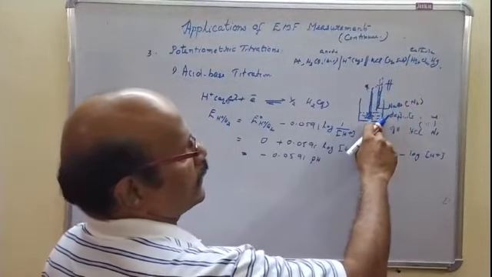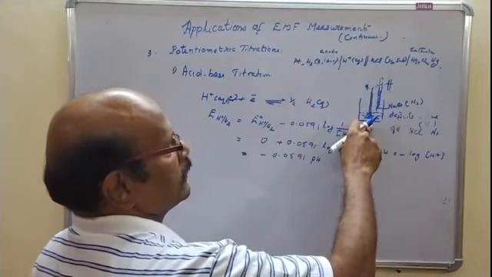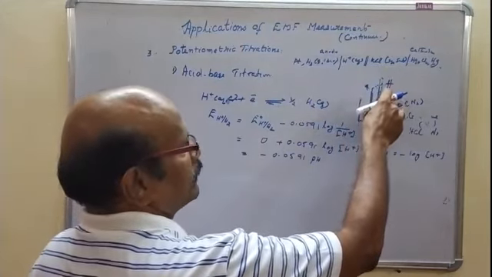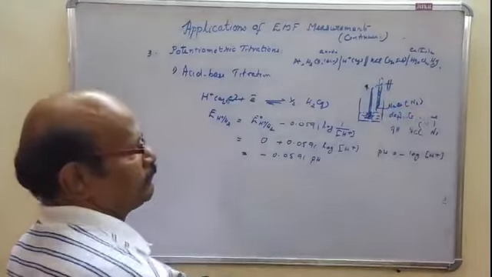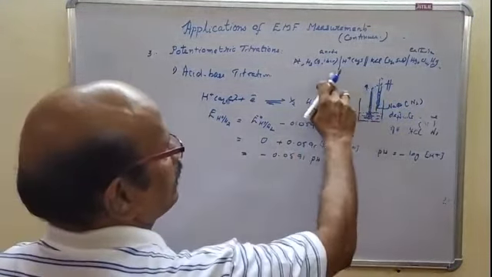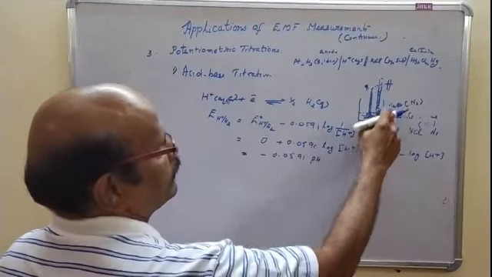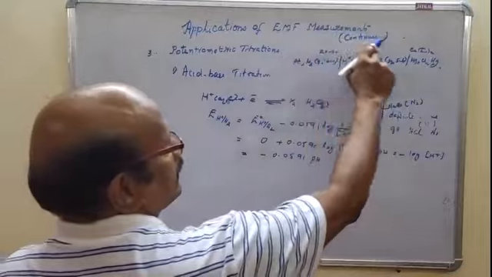The HCl is taken in the cell or beaker, into which the electrode is immersed, and NaOH is added from the burette in small volumes, so that it develops a potential. The hydrogen gas electrode develops a potential depending on the H plus ion, which is measured as the EMF of the cell assembly.